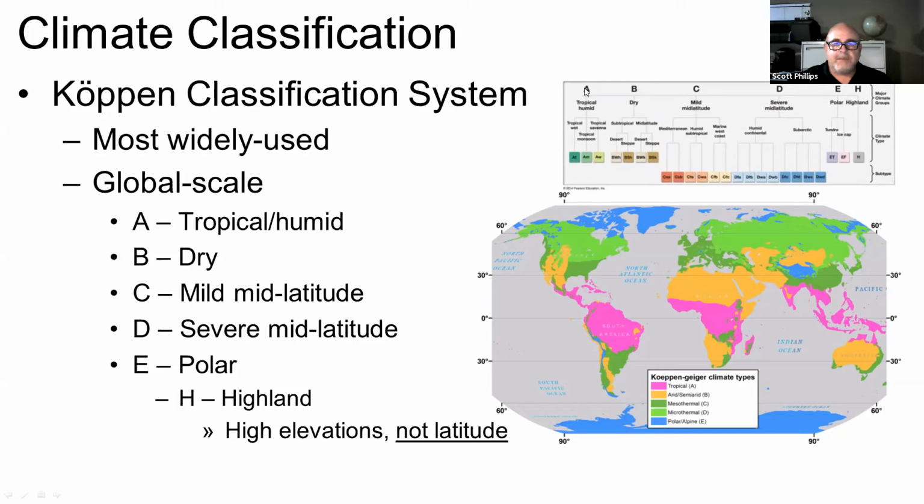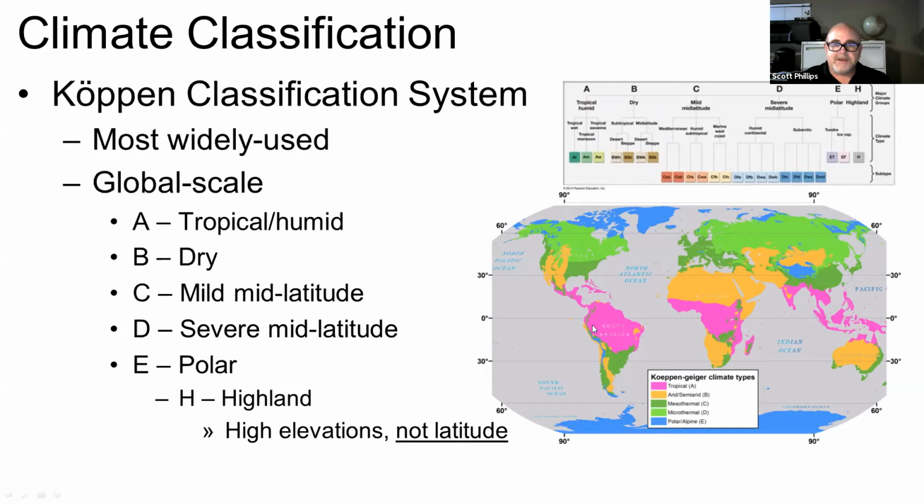It has broad categories, A, B, C, D, and E. On a map, the A's would be near the equator, the B's just above and below that. The C would be coastal areas in the mid-latitudes. The D would be more continental areas in the mid-latitudes. And the E would be the polar regions, like in Antarctica and Greenland.